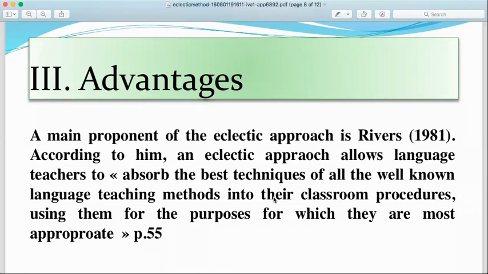So this eclectic approach is not a confining method. It doesn't confine the teacher when it comes to whether the classes would be deductive, inductive, teacher-centered, student-centered, making use of a variety of resources, whatever is available to her. So it doesn't confine the teacher to a particular textbook or to a whiteboard and a marker or anything like that. She can use anything and she can come up with whatever she feels is the requirement.